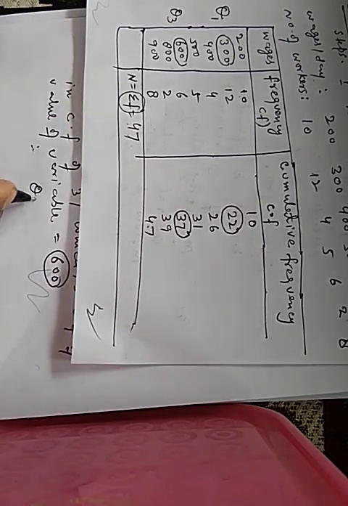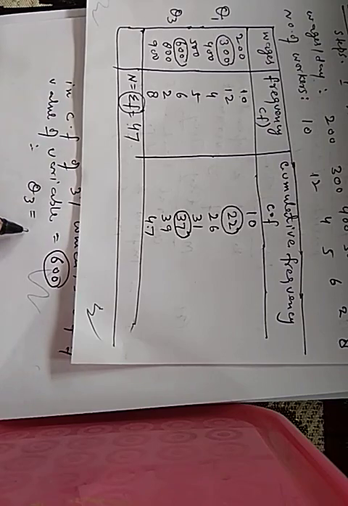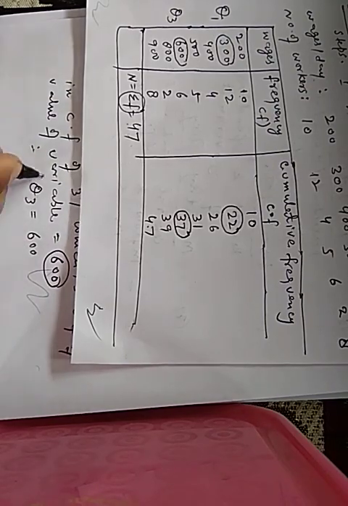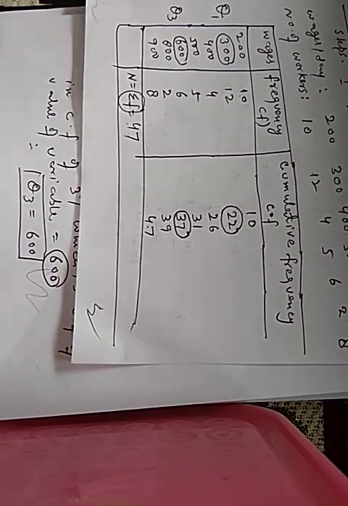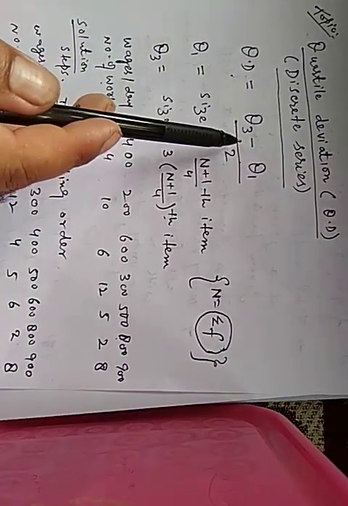Therefore, third quartile is equal to 600. Now we have to put these values in the formula of quartile deviation.